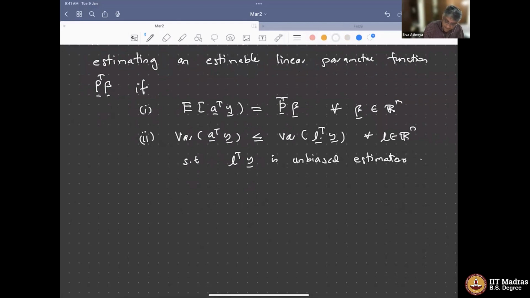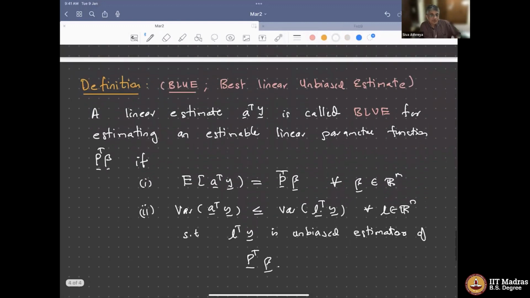Okay. So that's the first definition. BLUE means among all possible estimators, it has least variance, and the estimator is also unbiased. So it's a simple definition: you just minimize the variance, keeping the mean the same as the estimable quantity.